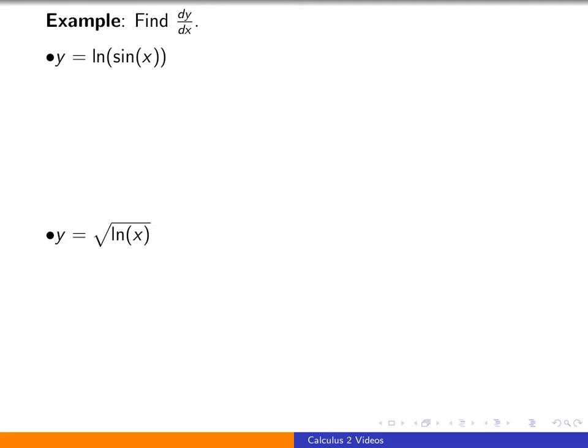So let's use this formula to evaluate several derivatives. Common examples are just going to involve somehow combining the natural log with other functions, where we use the chain rule, quotient rule, product rule. So looking at the first example, if we want to differentiate natural log of sine of x, we see we have a composition. You have this inside function sine and the outside function natural log. So the chain rule tells us the following, that we would take the derivative of the outside function, and the derivative of natural log, let me remind us, is 1 over x.